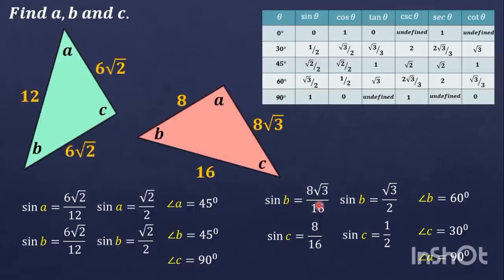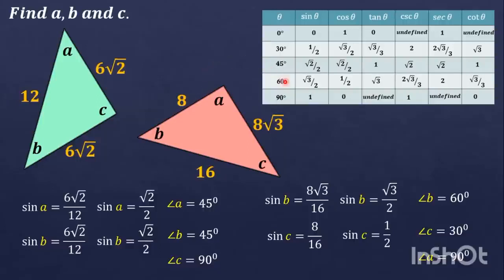Now, halimbawa, ang gusto mong gamitin ay cosine. So, itry natin siya dito ha, cosine B. So, cosine is adjacent over hypotenuse. So, adjacent, ito yon, adjacent over hypotenuse. So, 8 over 16 ang lalabas sa akin. So, that is 1/2. Ma'am, iba po siya dito. Ang nakuha po natin dito ay square root of 3 over 2. Pero ang lumabas pag cosine ang ginamit, 1/2.